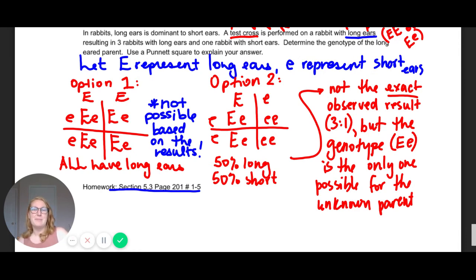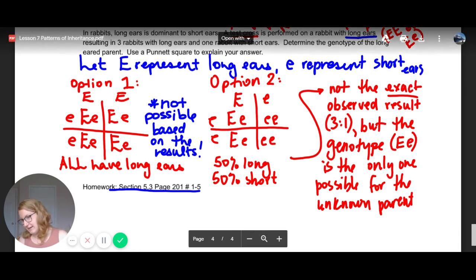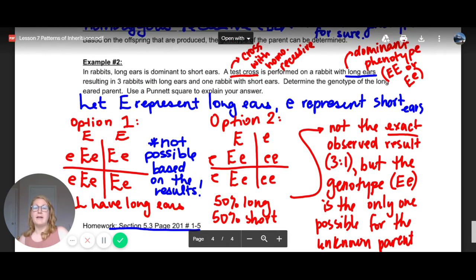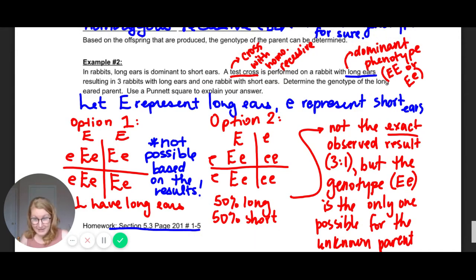Okay. Now I want to mention on the side, I'm just reiterating again what I said earlier. It is not the exact outcome that was observed. Okay. So the observed outcome was actually 3-1. But this is a possibility. So if I allowed these rabbits to continue breeding and I made, let's say, 100 rabbits, I would get closer to the 50-50 outcome, right?